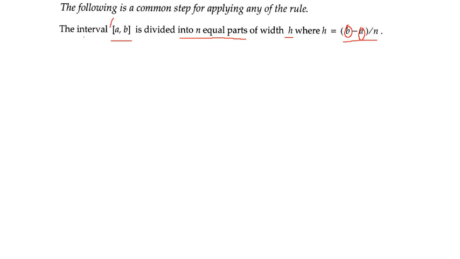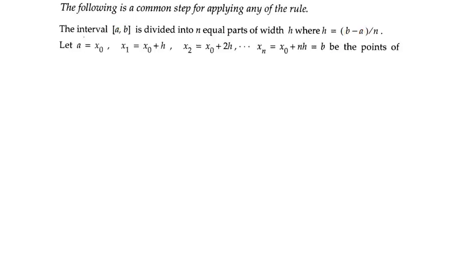So the interval is b minus a, divided by n we do. Suppose these are the values you get after dividing into n equal parts. This is the first value of x, that is we have taken x naught as the first value, that is a. Next value, then next value, and so on.